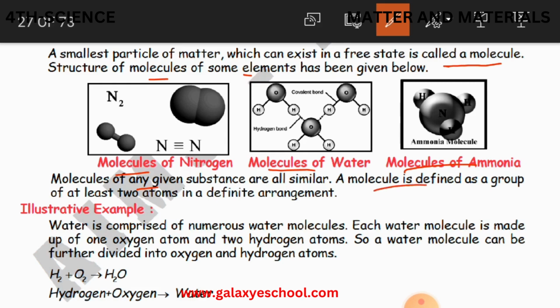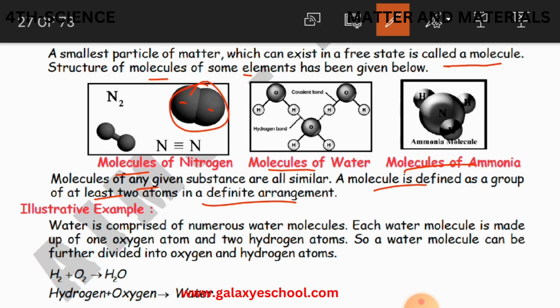A molecule is defined as a group of at least two atoms in a definite arrangement. So how is a molecule formed, children? A minimum of two atoms forms a molecule.